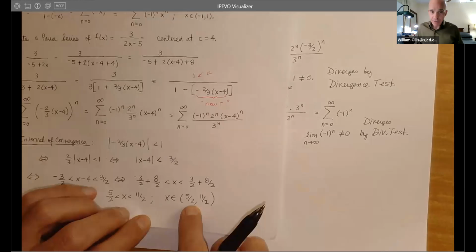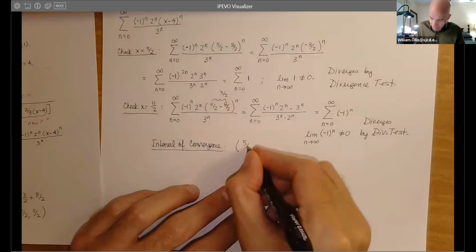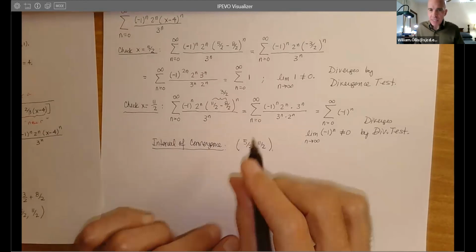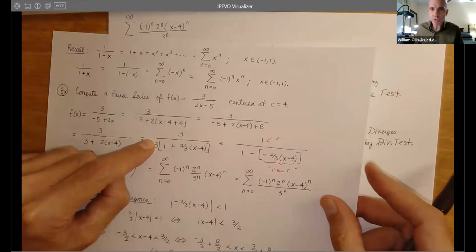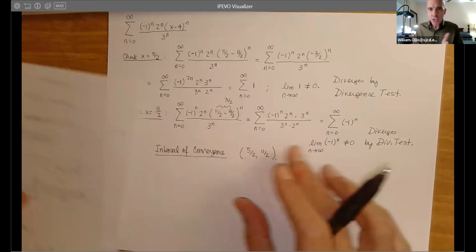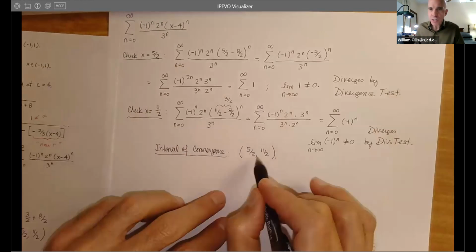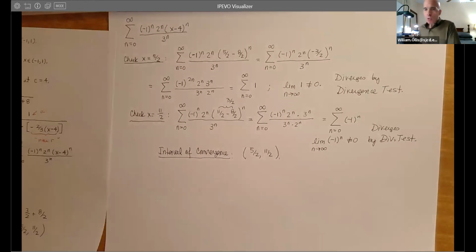That is 5/2 to 11/2. We didn't add anything. So what happens in these cases when we do these function transformations, so to speak, is that we shift, we squeeze, we stretch, just like you would normally do in a college algebra class. So we are doing function transformations just like you did in college algebra.